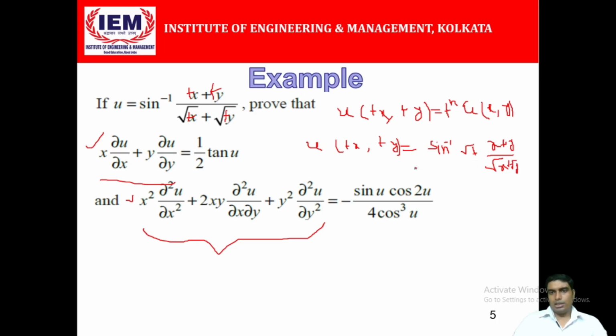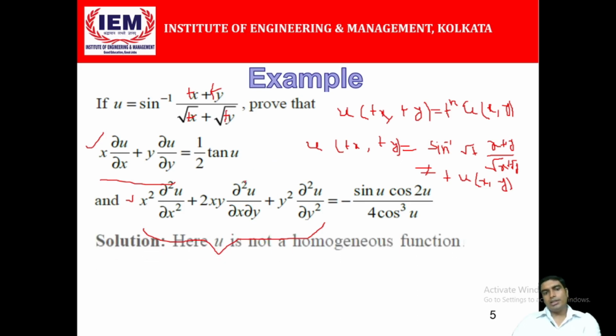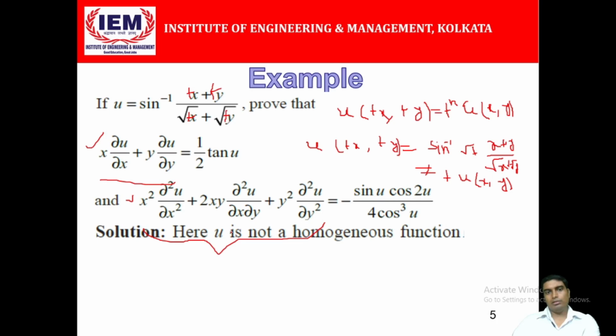So this is not basically equal to some t to the power something times u of x, y, right? Because you cannot take out this root 2 outside the sine inverse. Root 2 is inside the sine inverse, and u is sine inverse of this function. So u is not a homogeneous function, so the conclusion is that u is not a homogeneous function, so we cannot apply the Euler theorem directly on u.